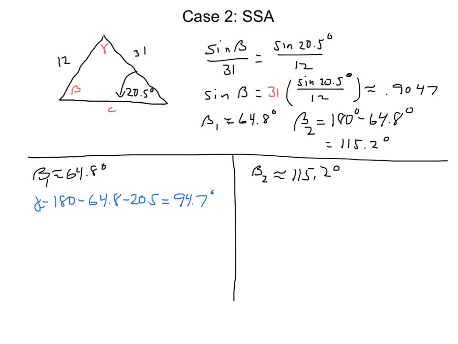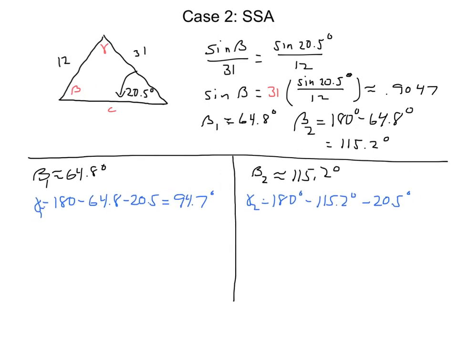In the second case, I have gamma 1, and now gamma 2 is equal to 180 minus the 115.2 degrees minus the 20.5 degrees. And when I do that, gamma 2 is equal to 44.3 degrees.